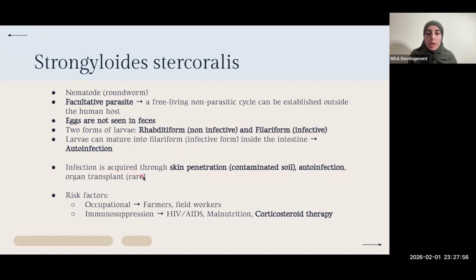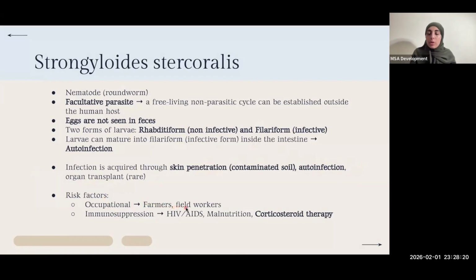How is infection acquired? It's acquired through skin penetration from contaminated soil or acquired by autoinfection from the filariform being inside the intestine. And rarely it can be due to organ transplant, but pretty rare. Remember skin penetration in contaminated soil as well as autoinfection because of the filariform. What are risk factors for strongyloides?